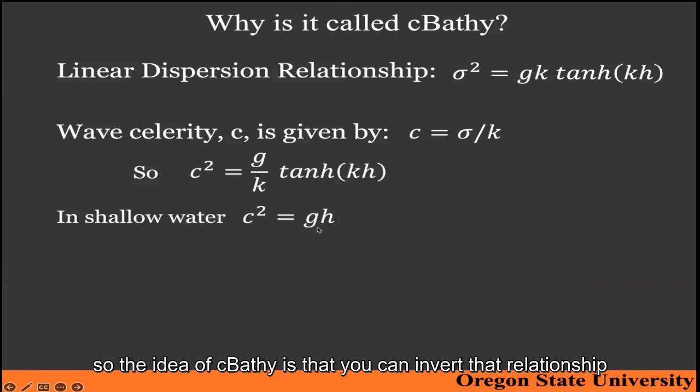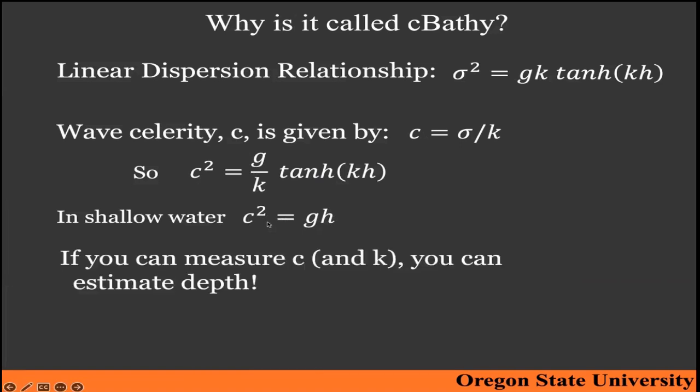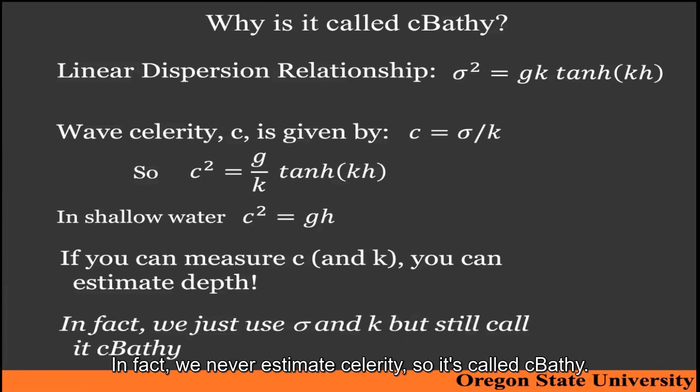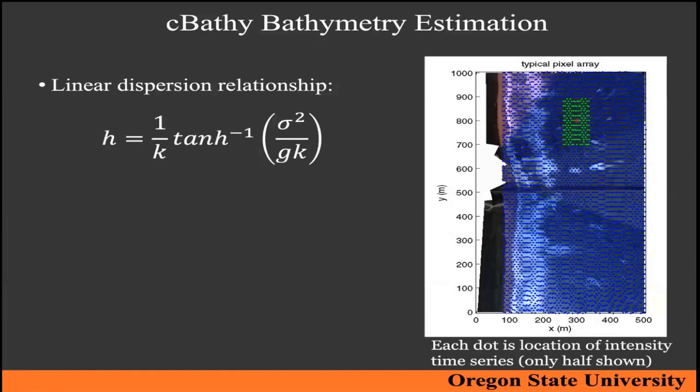And so the idea of cBathy is that you can invert that relationship to get bathymetry. So cBathy was a cute little name. If you've got C and potentially K, if you're in intermediate water, then you can estimate depth. In fact, we never estimate celerity. So it's called cBathy, but we never estimate celerity. You can if you want, as a byproduct.